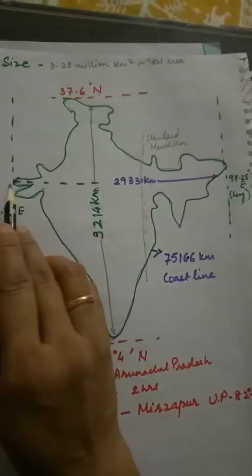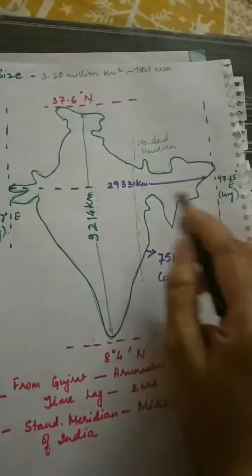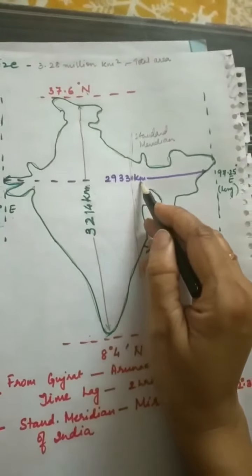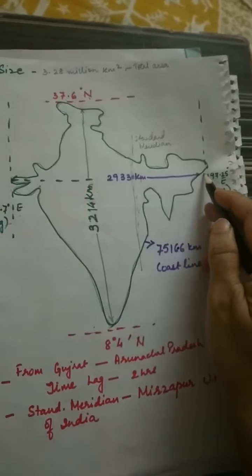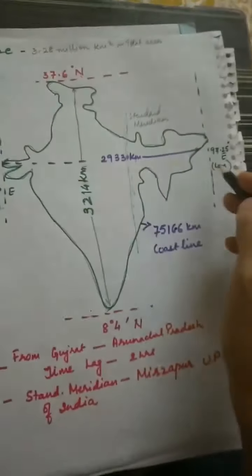And from Gujarat to Arunachal Pradesh, it stretches a distance of 2,933 kilometers.